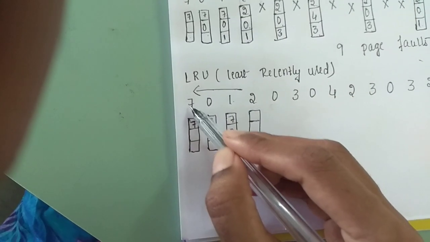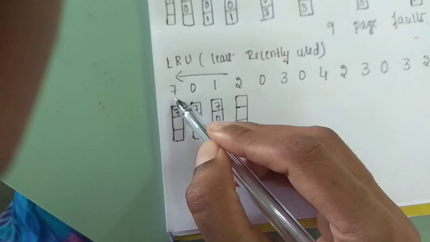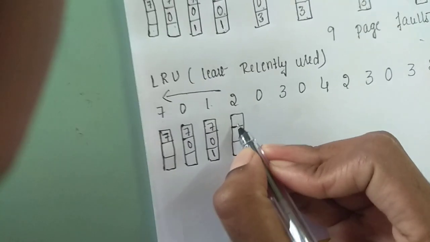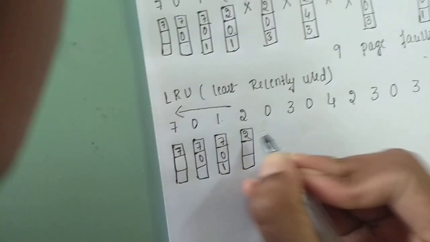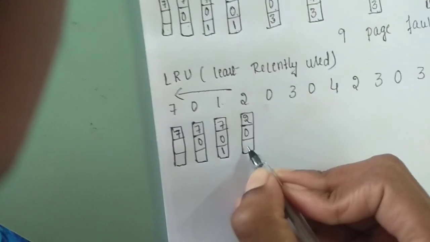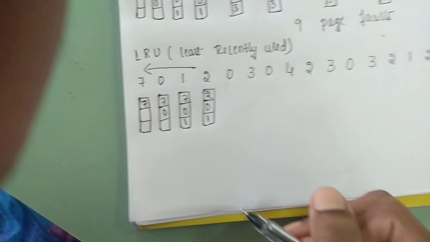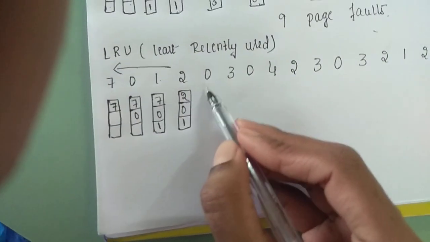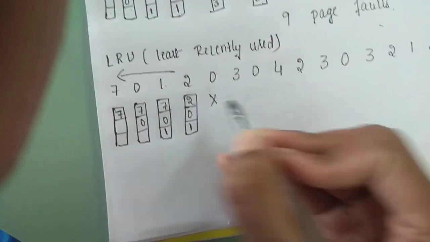So I'm going to replace 7 with 2, and write the remaining as it is. The next 0 is already there, so don't consider it.